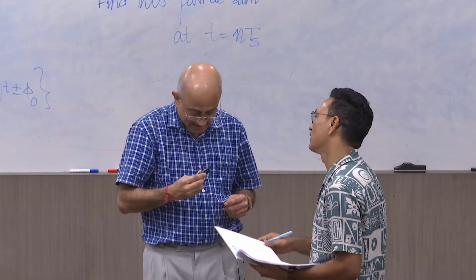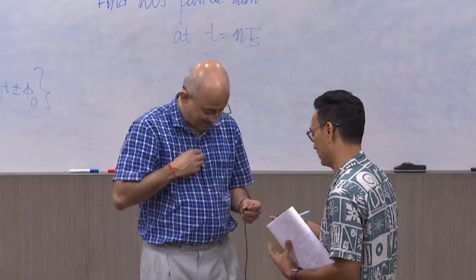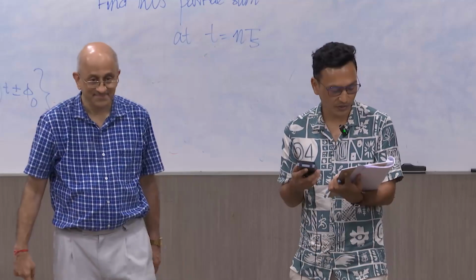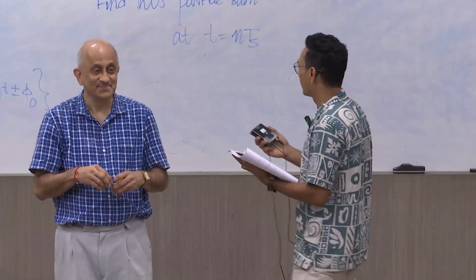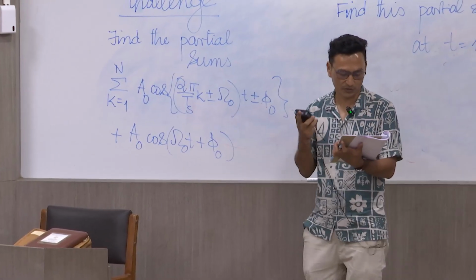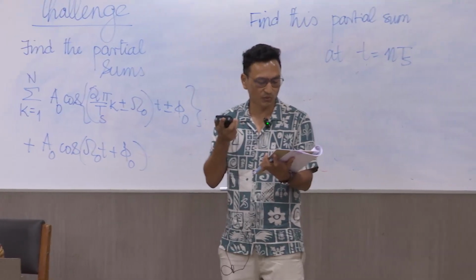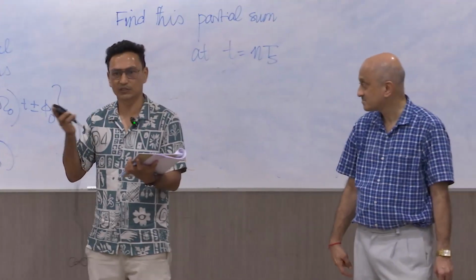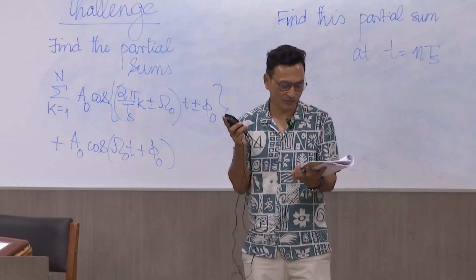Now explain your answer. I think you're on the right track. As for my solution, if we expand this term, then we will get our closed form equation as a naught cos 2 pi t by Ts into cos omega naught t.